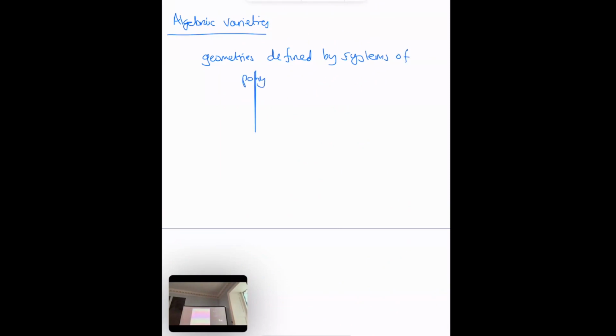Okay, so we're going to be talking about algebraic varieties, which are the geometric shapes defined by systems of polynomial equations.